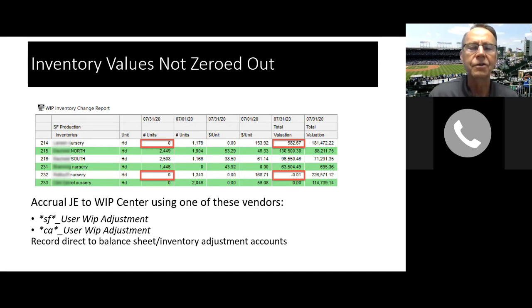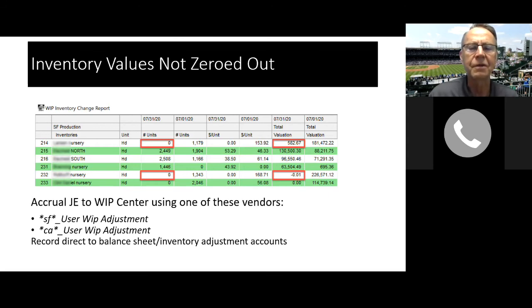It could be just a mistake that was made several months ago. We just need to correct it. This will show up most likely when you've got a zero inventory, because it gets hidden. If you've got a 2 or 3 cent rounding error, you normally wouldn't notice it. It wouldn't be material as long as you've got inventories in place.